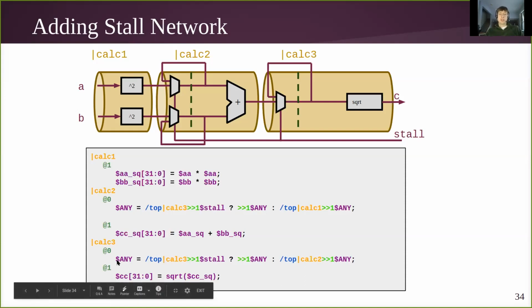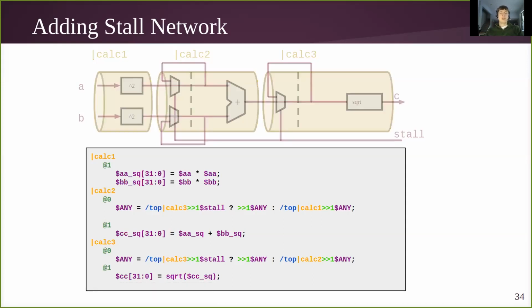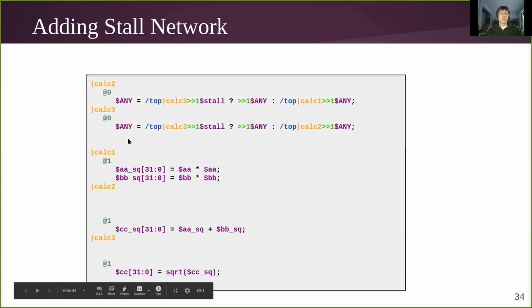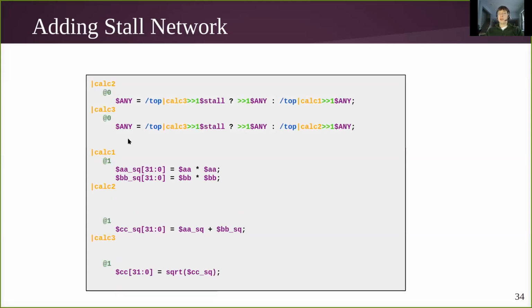Now that I've expressed things in a more generic way, I'm going to take those generic statements and elevate them to the top. So now everything at the top is a generic expression of a stall pipeline. Okay, these first 6 lines say nothing about the computation that we're performing.